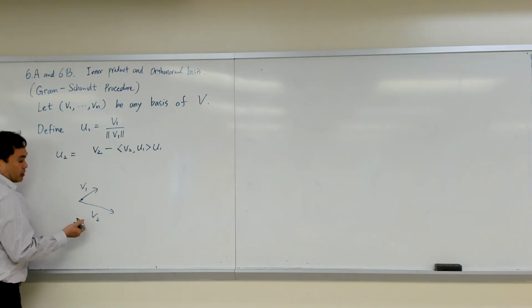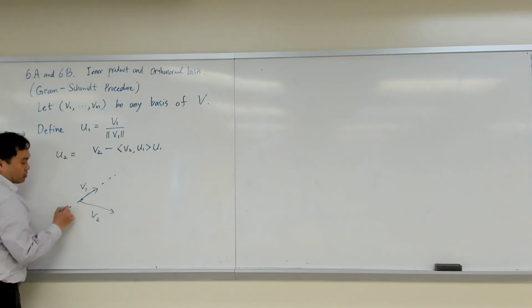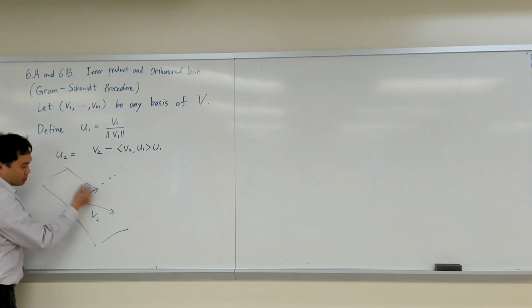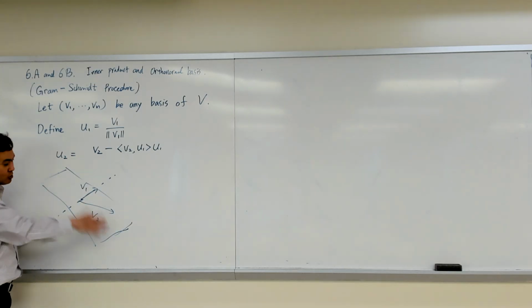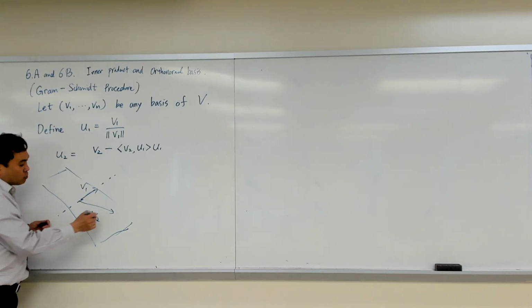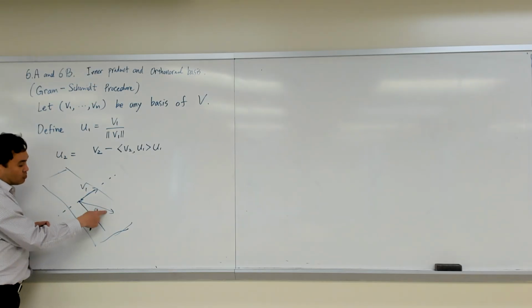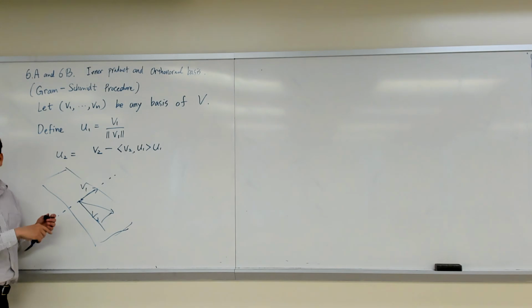So the idea is if you have V1 and then V2, what you do is you take V2 and here's V1, and you take the plane that's orthogonal to V1. It's hard to draw 3 dimensions, but this is orthogonal, and what you do is you project this to that orthogonal plane of this vector, okay?